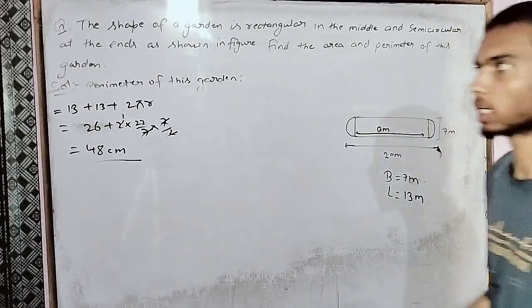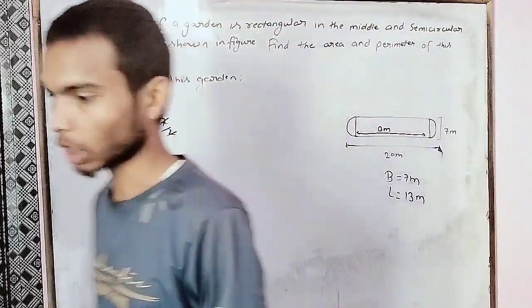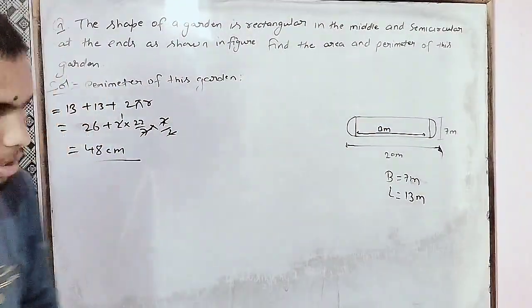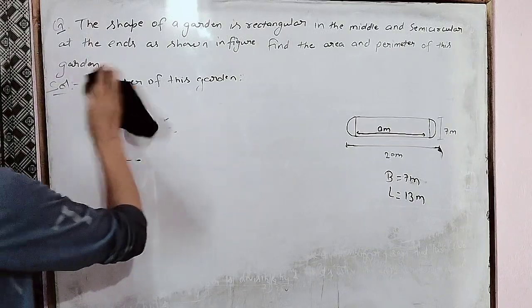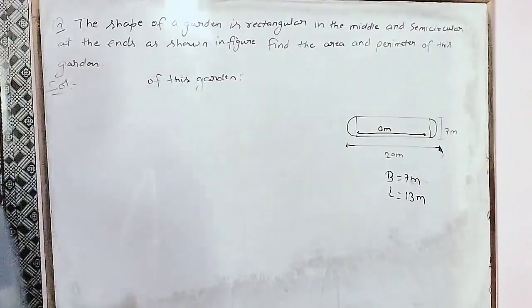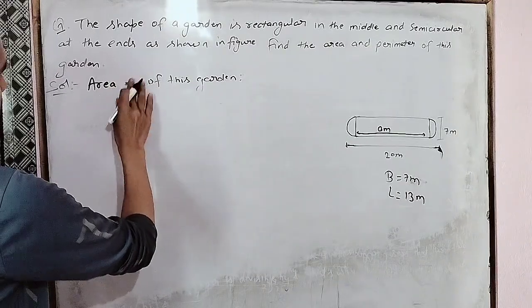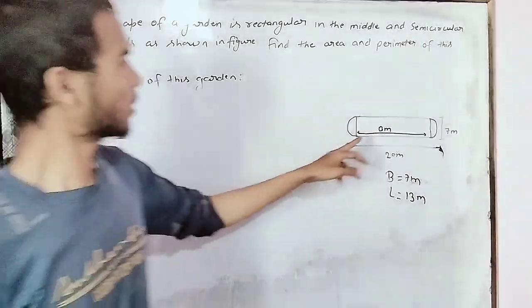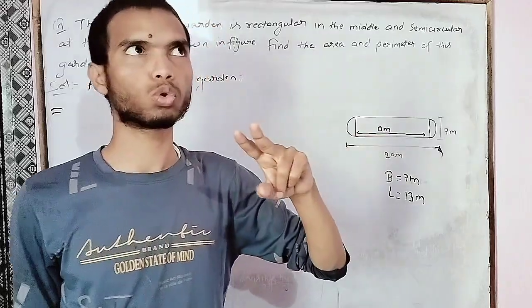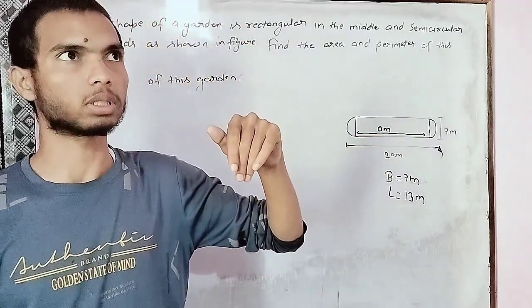Now we are going to find out the total area of this garden. Area of this garden. So what step do we need to take? Here, pi r square.